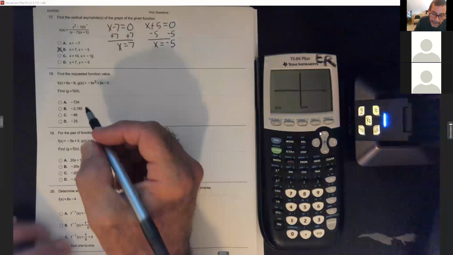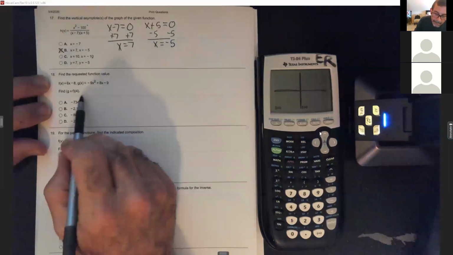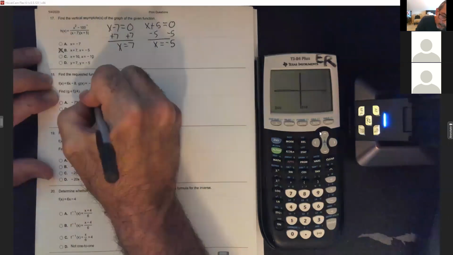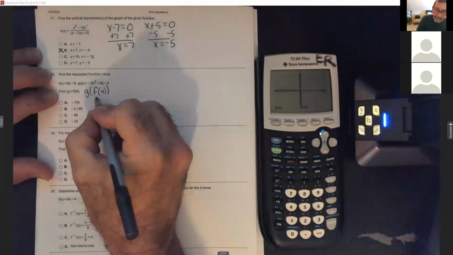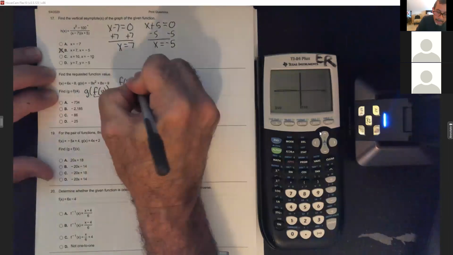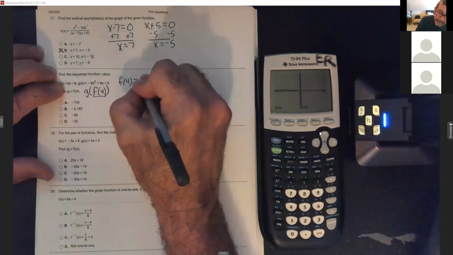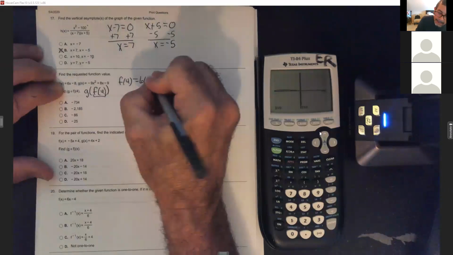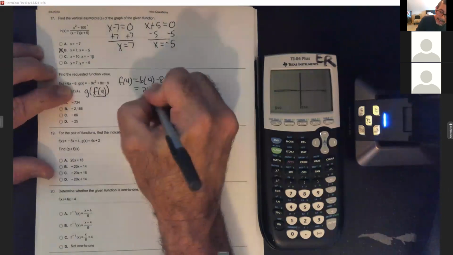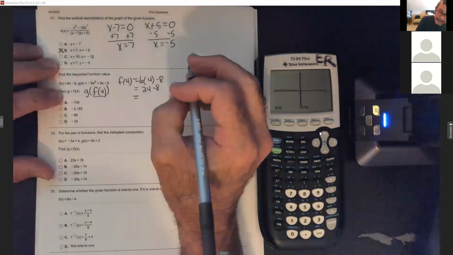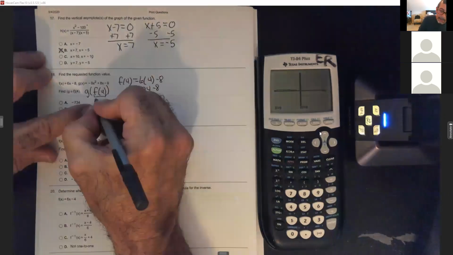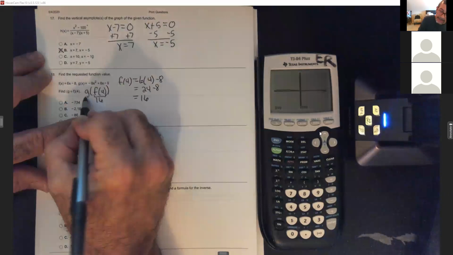All right, 18, find the value. We want G of F of 4. So I have to find F of 4 first. F of 4 will equal 6 times 4 minus 8, which is 24 minus 8, which gives us 16. Now that we know F of 4 is 16, we have to find G of that 16.